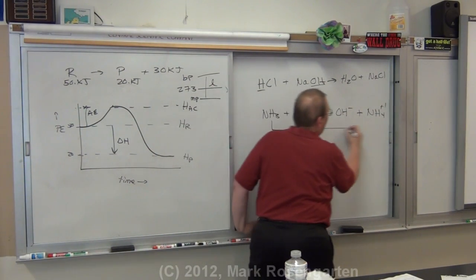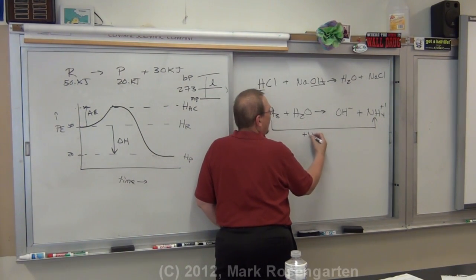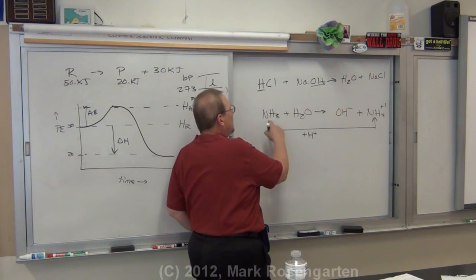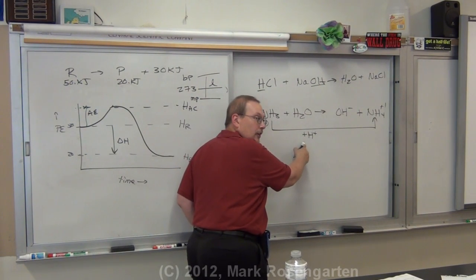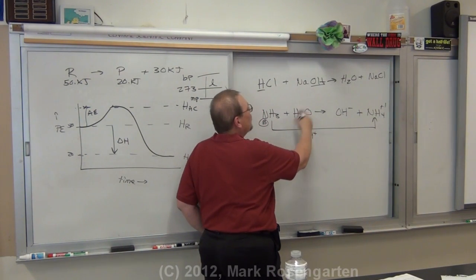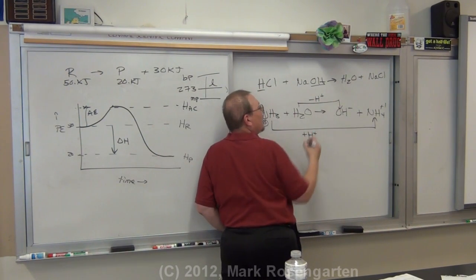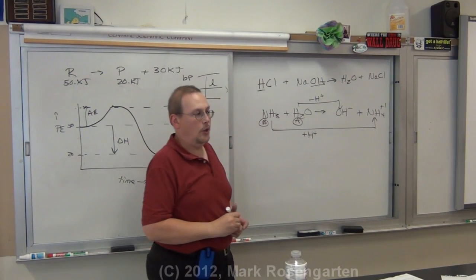Did NH3 gain a hydrogen or lose a hydrogen? Since it gained a hydrogen, by the Bronsted-Lowry definition, that would make it a base. A base is a proton acceptor. Whereas H2O did what? It lost a hydrogen, making it a Bronsted-Lowry acid, a proton donor.